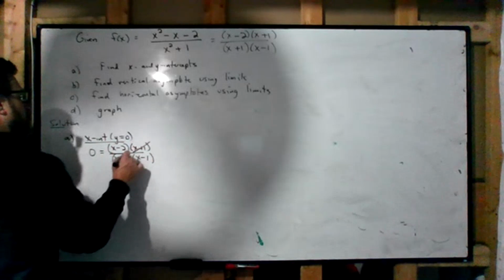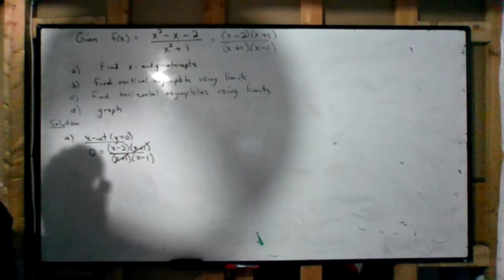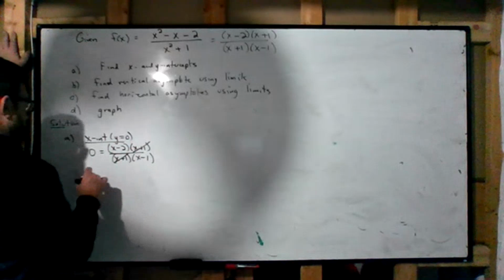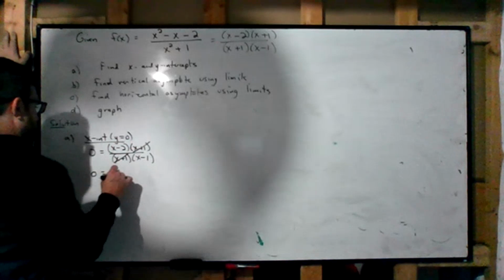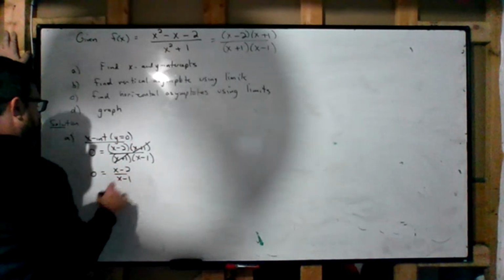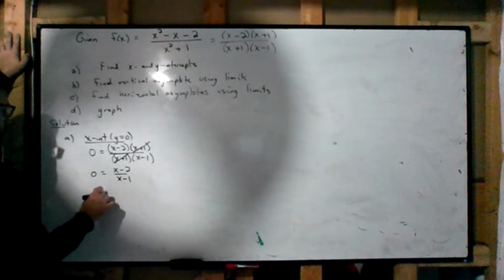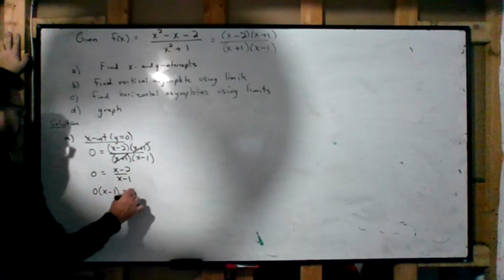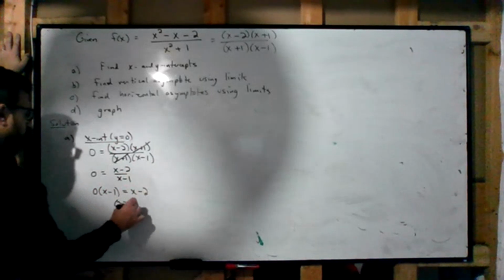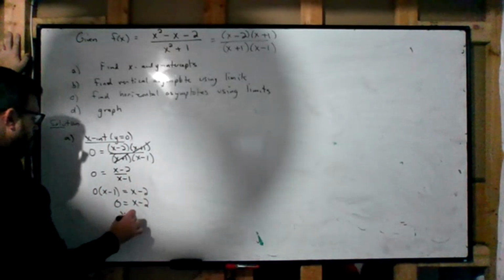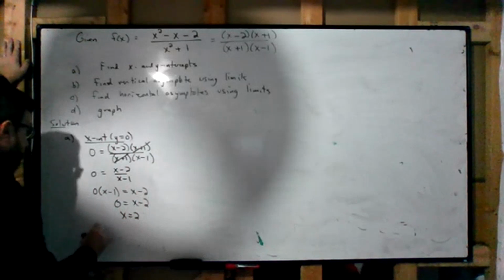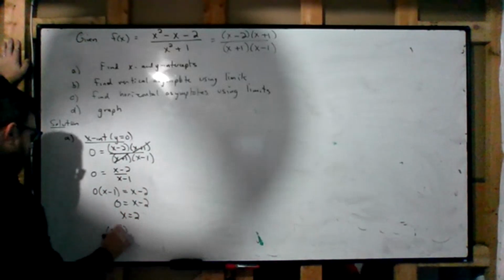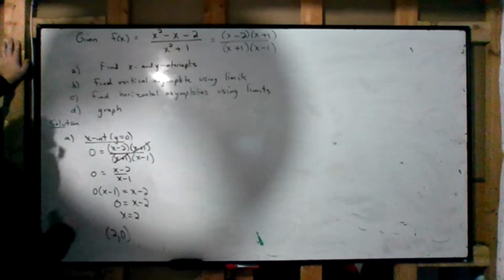Actually, I could have gotten rid of that. Those cancel. So this is when 0 is equal to x minus 2 all over x minus 1. Multiplying both sides by the denominator, 0 is equal to x minus 2. So x is equal to 2. That means I have the point 2 comma 0.